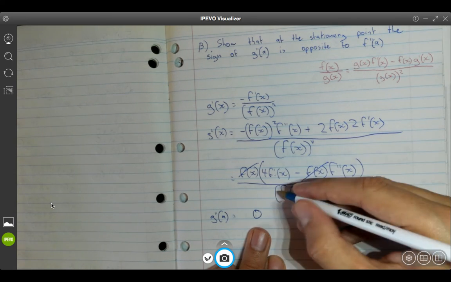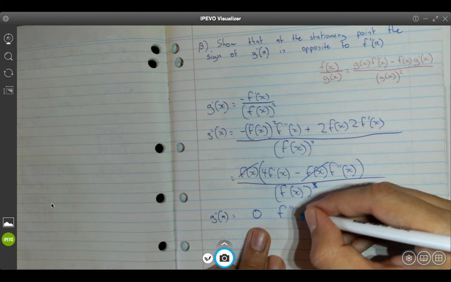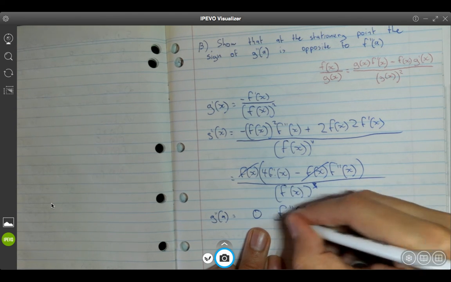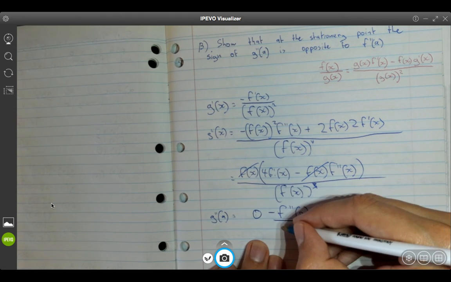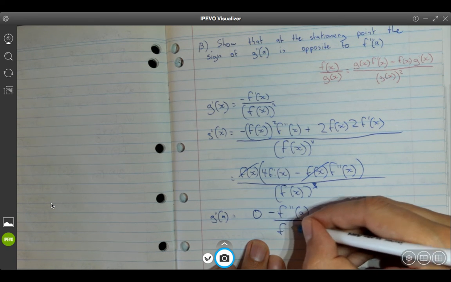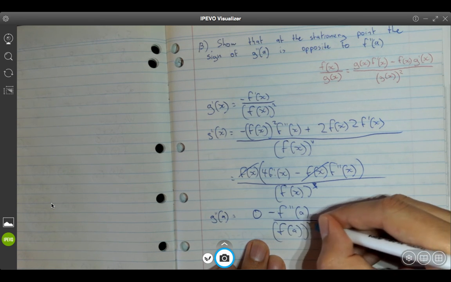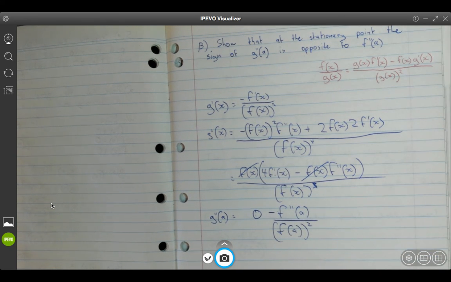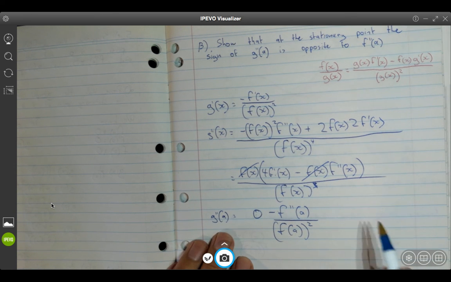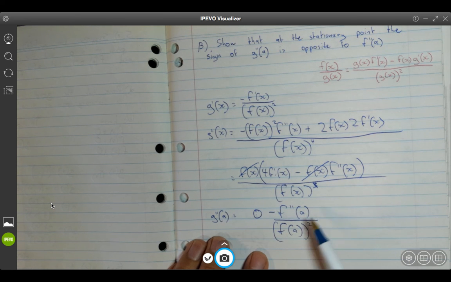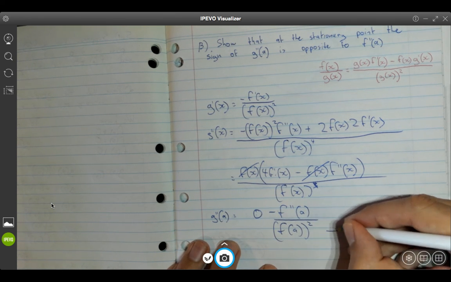So we're going to get f double prime of a, oh, that's a negative, all over f of a squared. Again, this f of a squared we know is just going to be some positive number. So whatever g double prime of a is, it will give us a negative of the f double prime of a.